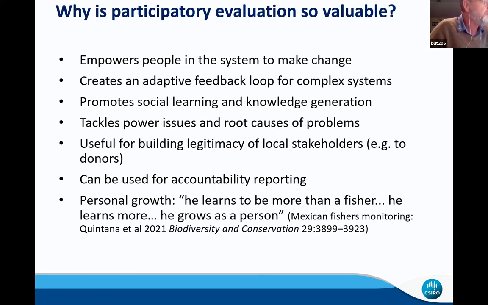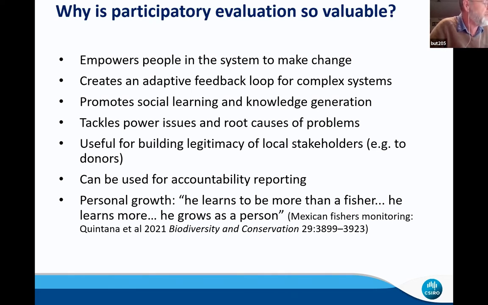I think it's also useful for building the legitimacy of local stakeholders, for example, to donors, so that they can report themselves back to the donors rather than the implementers having to do it all the time. And so in some ways that then gives them a more direct linkage back to the donors, and potentially then seeing funding flowing directly to them in the future rather than through you as an implementer.